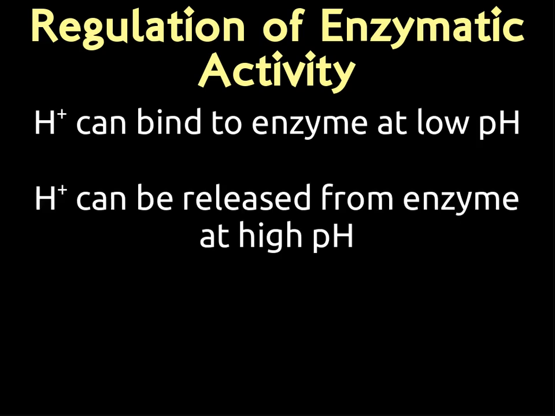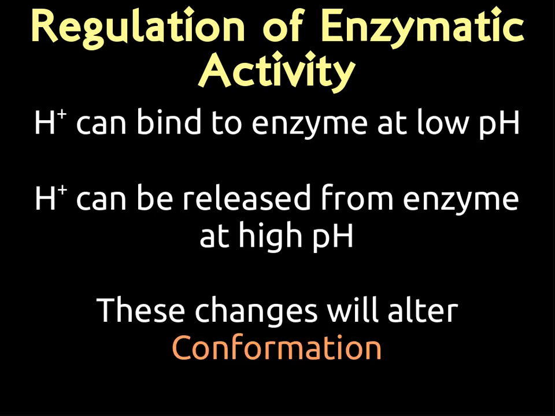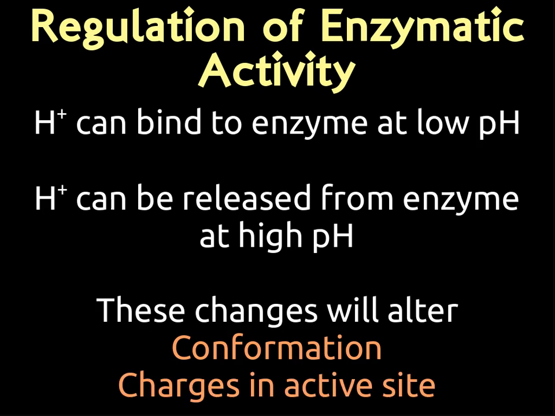Reciprocally, at high pH, you can be releasing protons from the enzyme, and again, changing those interactions of charges along the side chains. And all of these changes will alter either the conformation and can also change the charges in the active site, both affecting how this enzyme is going to function.